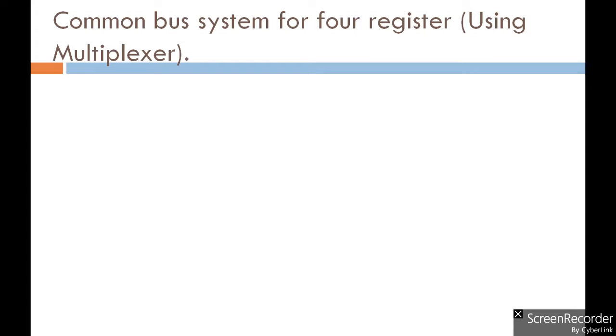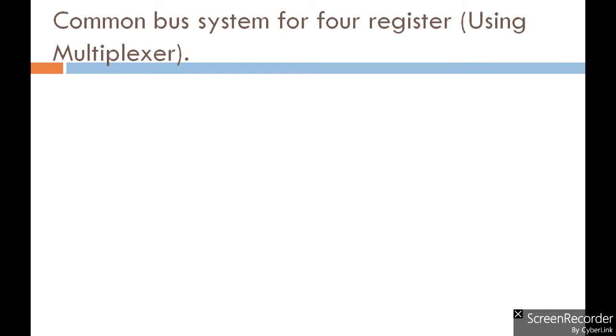So in simple terms we can say it is a way by which different registers of a processor can communicate, or we can say they can transfer data between one another.